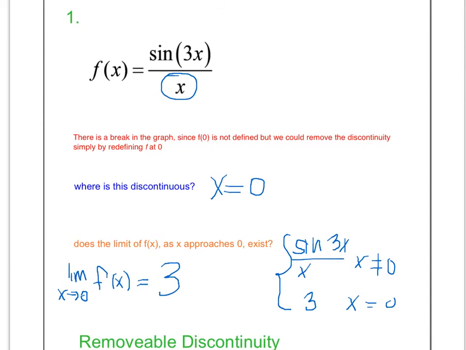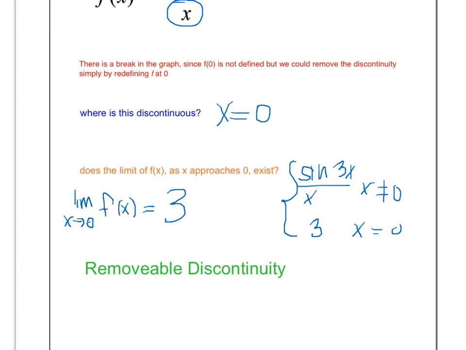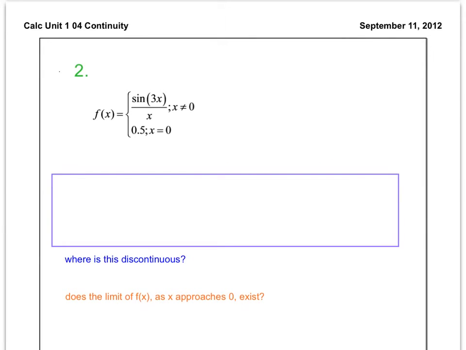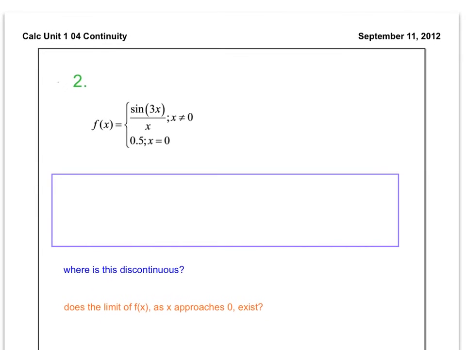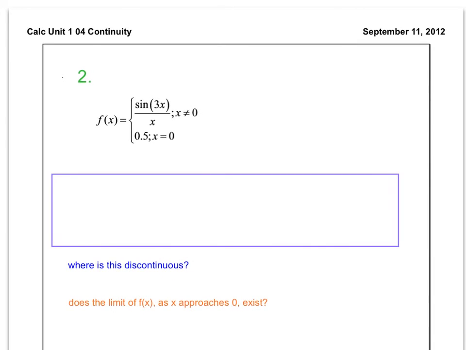So this is an example of a removable discontinuity. And if our calculators were actually a little more sophisticated, we would be able to see the hole at x equals 0. So this is the same function with a value given at the place of issue.